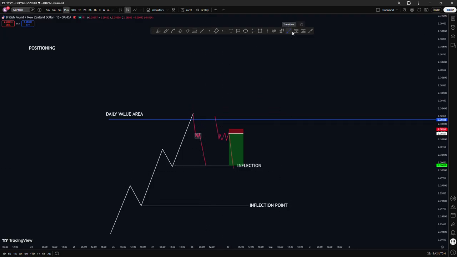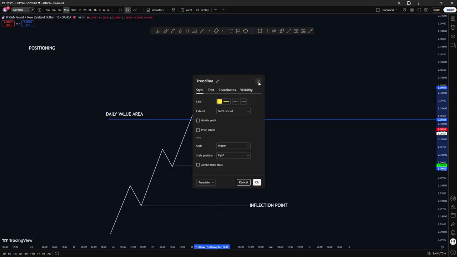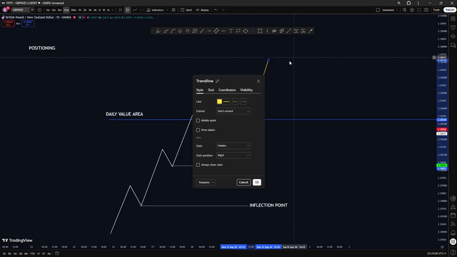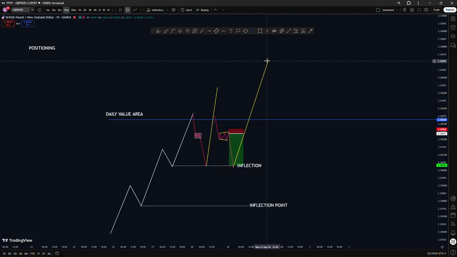Why? Because once price gets here, price could just shoot up. Or I could trade from here, 1, 2, 3, because once price gets to this particular low, it could just shoot up. So I don't know.